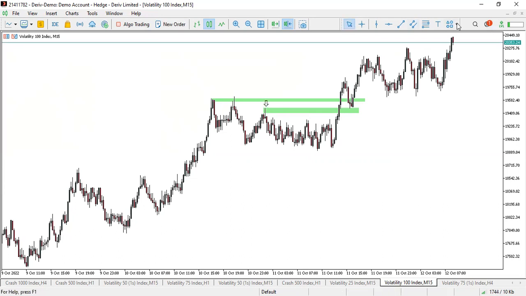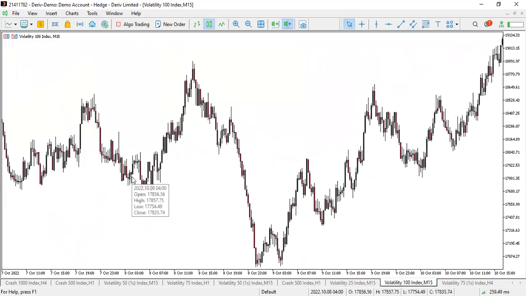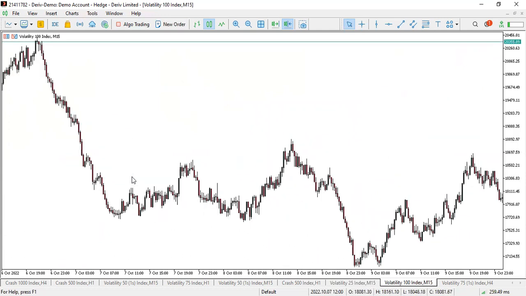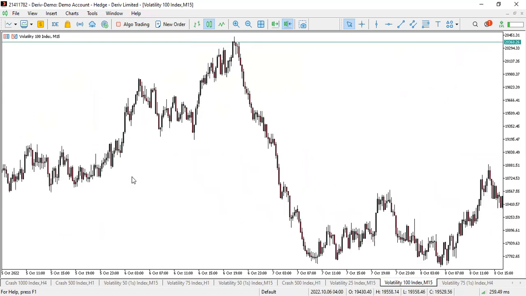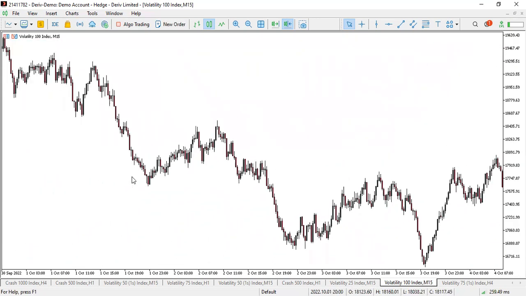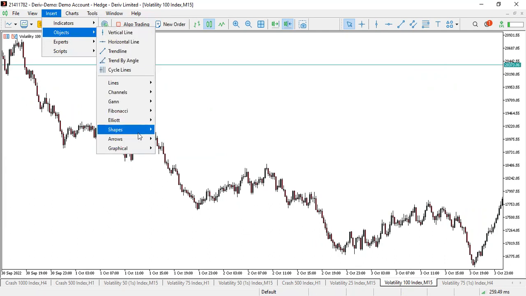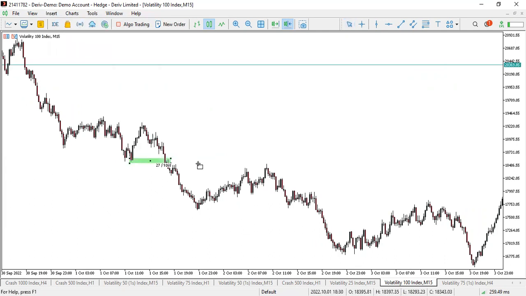But this was not an accurate one. This is not the one that I'm looking for. The one that I'm looking for is something like this. Let me show you. Flip zone. Mostly the one that I wanted to show you is not like this one, which was not that accurate. Something like this.